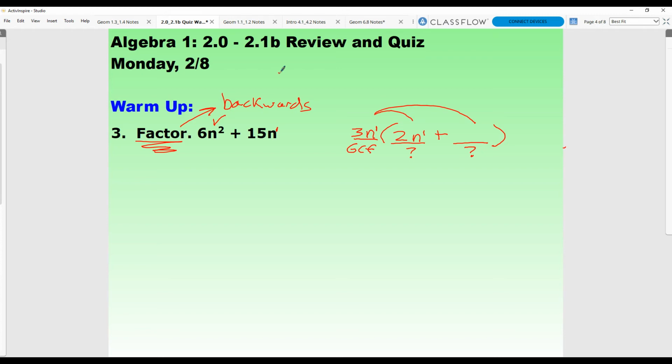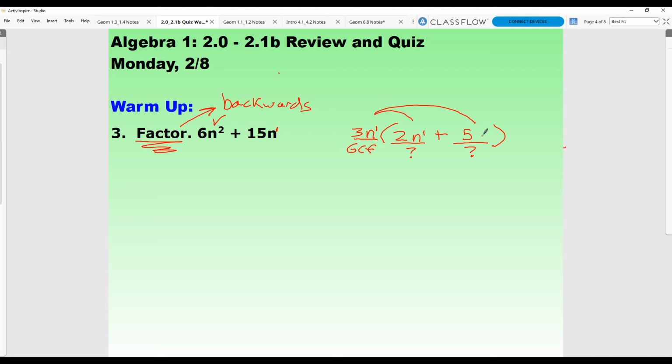Okay, fantastic. Now let's take a look at what goes in this blank over here. You need a 15, you have a 3, so you're going to multiply 3 by 5 to get 15. Then check to see if you need any n's. You have an n¹ already over here, so you don't need any more n's in that spot right there.